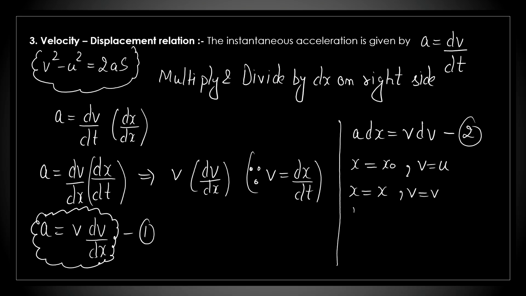Then integrating a dx, limits x naught to x, equal to integrating v dv, limits u to v. Then a is constant, limit is x naught to x, dx equal to integrating u to v dv.